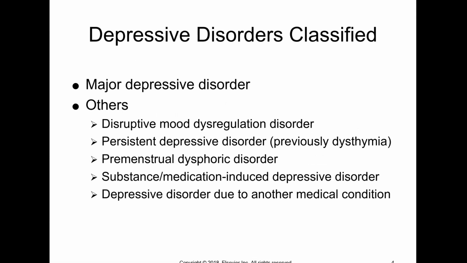So, depressive disorders classified. Major depressive disorder. That is, again, the one we're going to be predominantly focusing on. But also, disruptive mood dysregulation disorder. Now, this is a diagnosis commonly given to children, and this is really supposed to be the precursor to something like a bipolar disorder in kids.